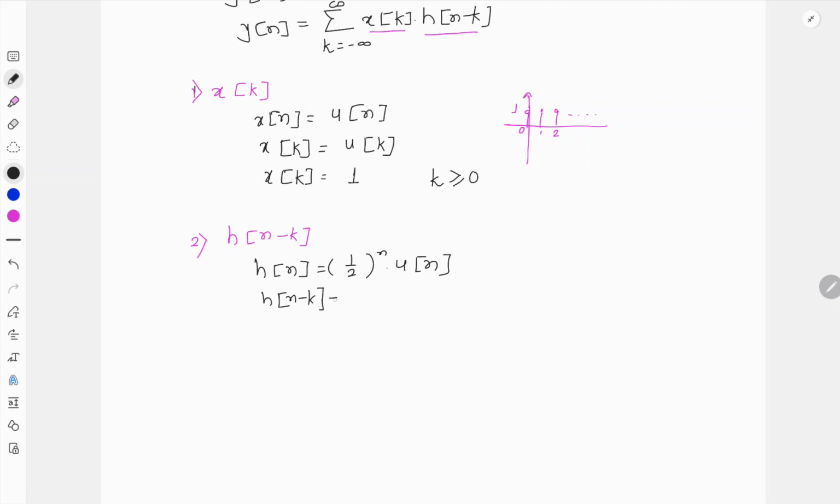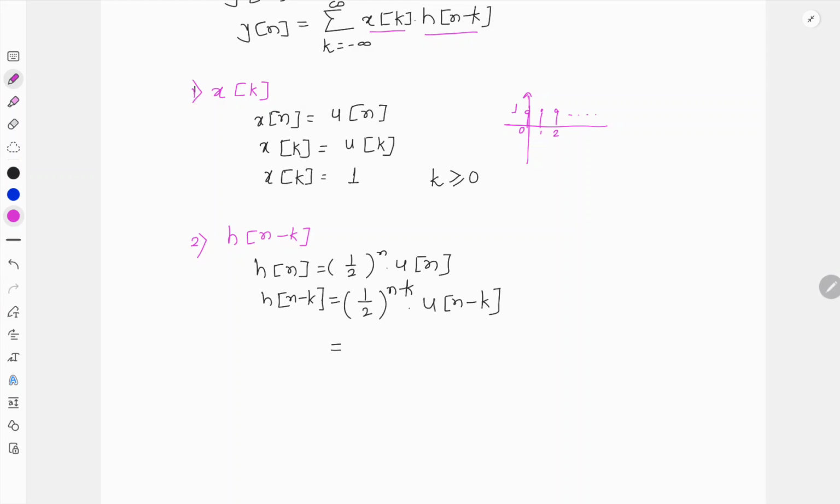Here h of n minus k will be equal to 1/2 raised to n minus k into u of n minus k. The representation of u of n minus k is a folded and shifted version of the unit step signal.